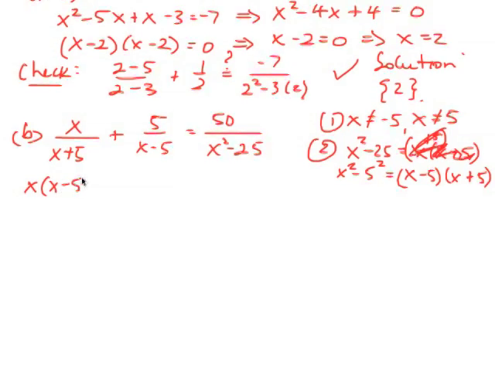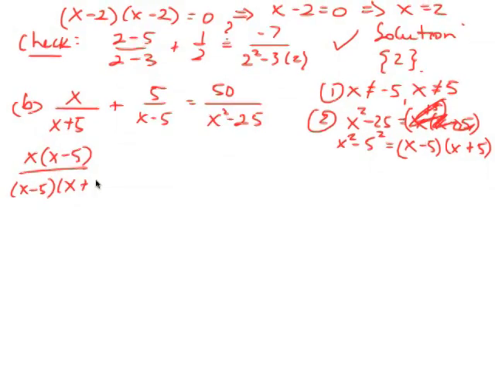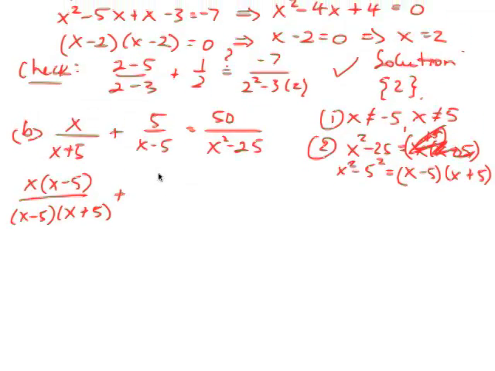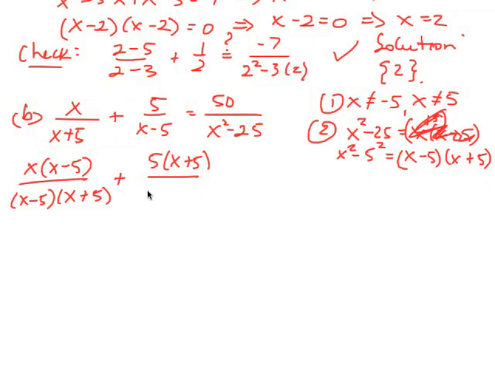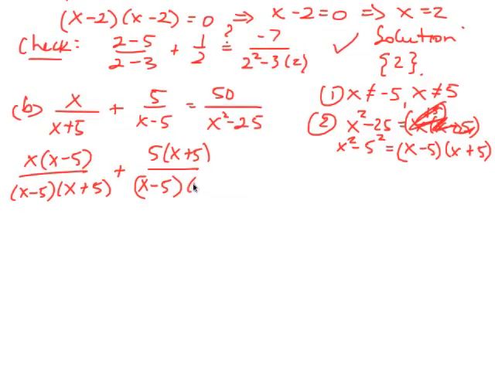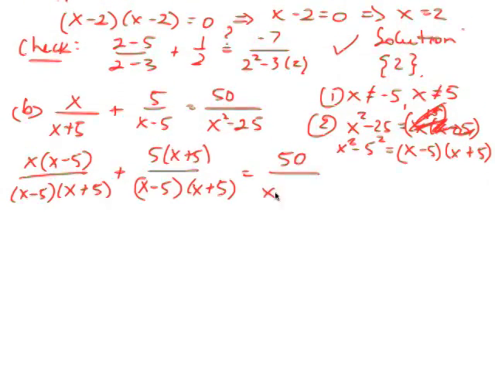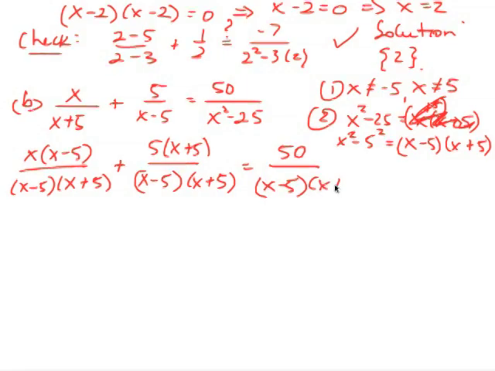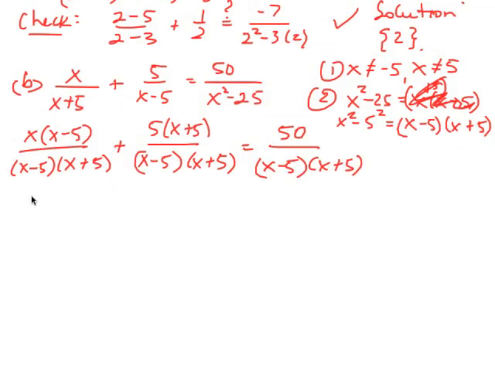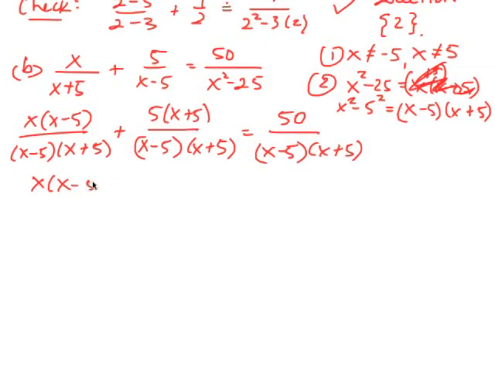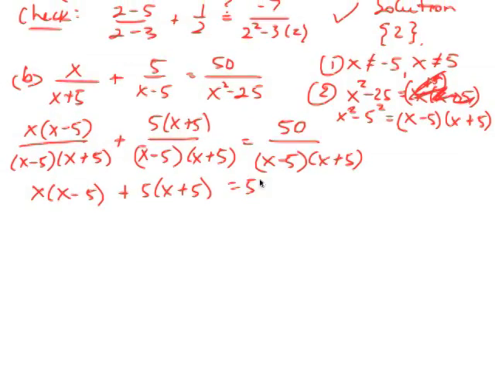I'm going to need an x - 5 on the top here, plus 5 times an x + 5 over (x - 5)(x + 5), equal to 50 over (x - 5)(x + 5). Now all the denominators are the same, so the numerators must be the same: x(x - 5) + 5(x + 5) must be equal to 50.